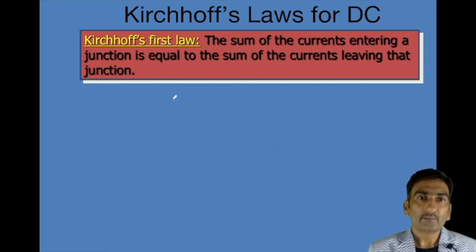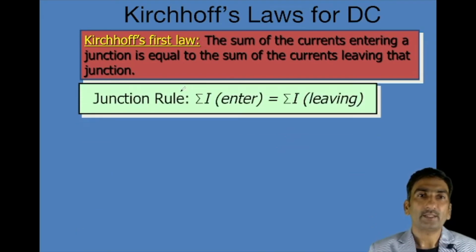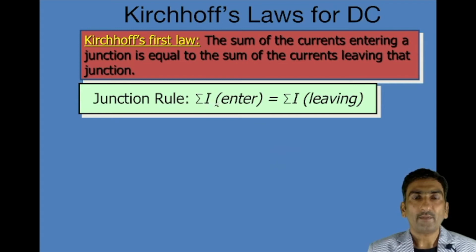So you can write this rule as a junction rule. Sum of the current which enters the junction would be equal to the sum of all the currents which are leaving. For example, if this is the junction here, and one arm has a current entering, let's say 10 ampere is entering, and from the junction two currents are leaving, two different resistors are there.